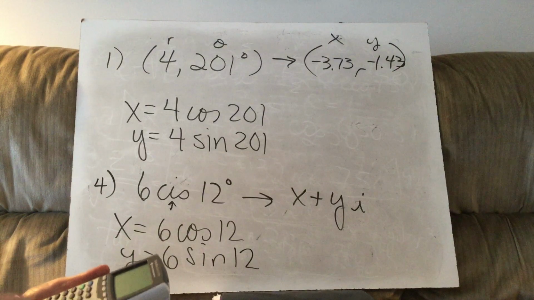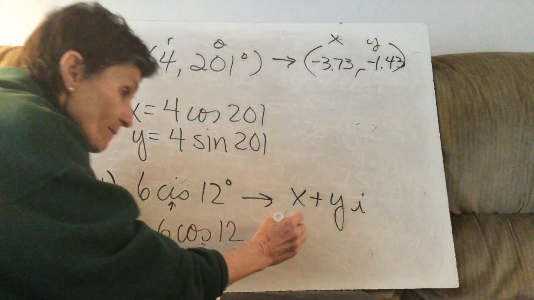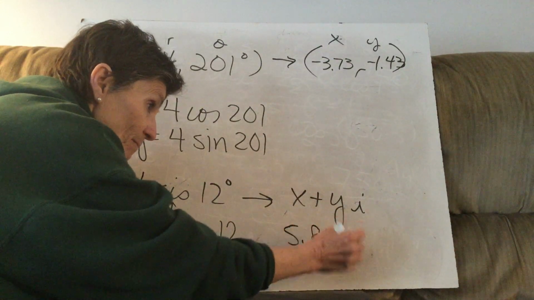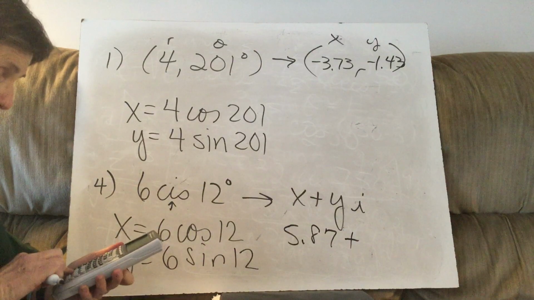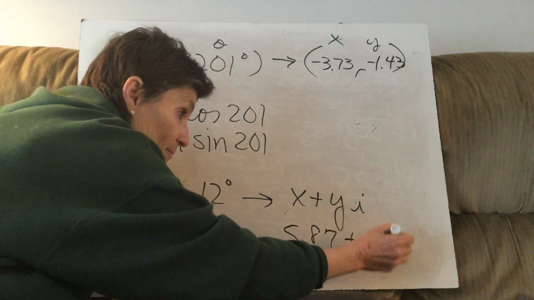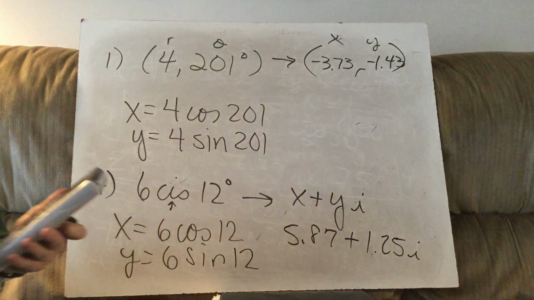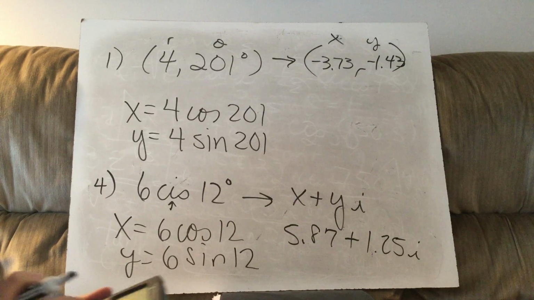So typing in on my calculator, 6 cosine 12, 5.87, and 6 sine 12, 1.25. And that's it.